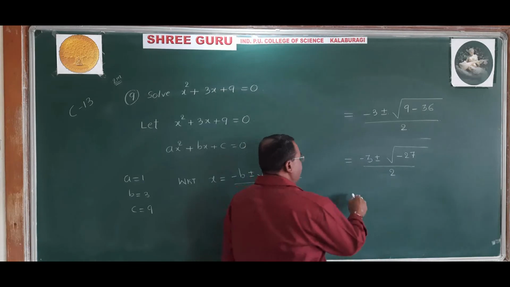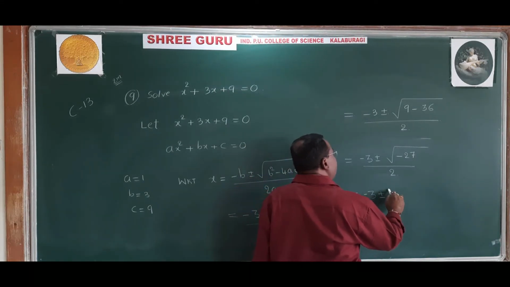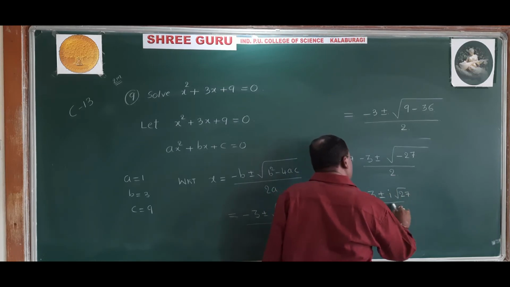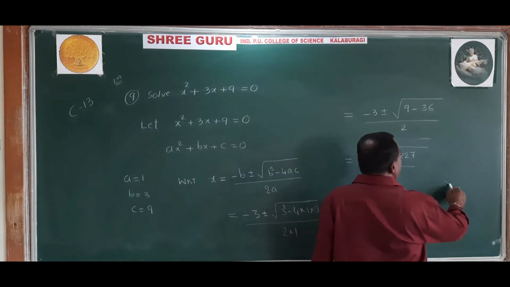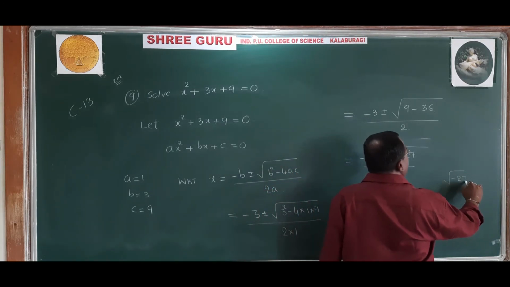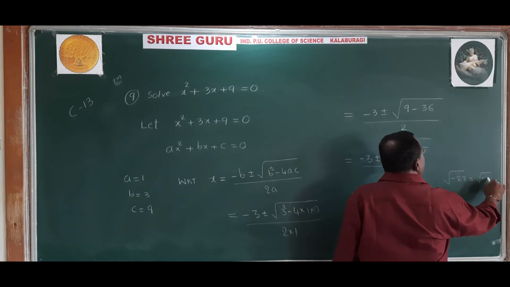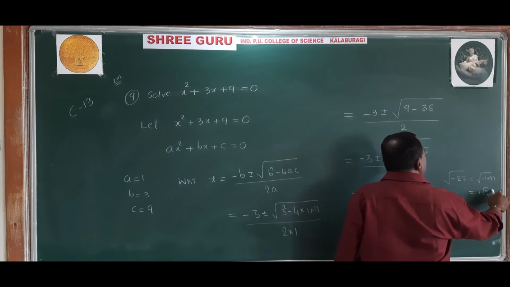Here this can be expressed as minus 3 plus or minus i, taking the root of 27 outside, divided by 2. Root of minus 27 can be written as root of minus 1 into 27, that is root of minus 1, i, root 27.